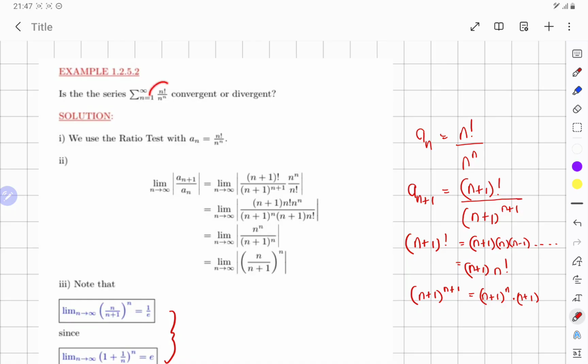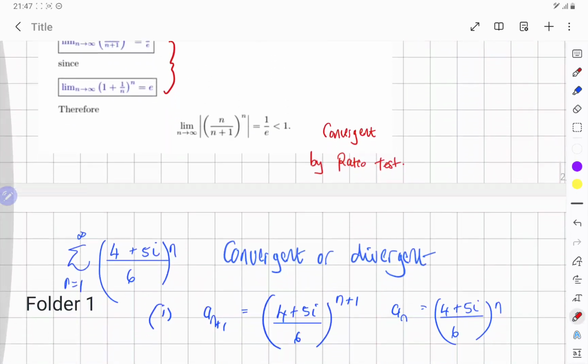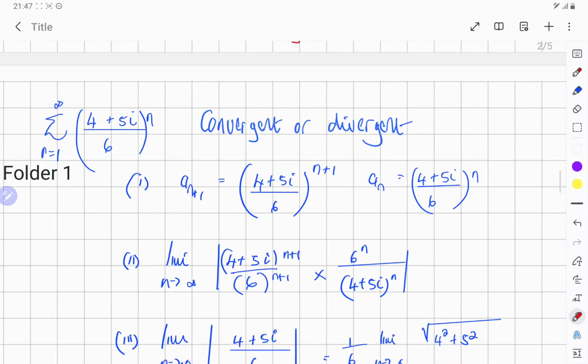Since there is a factorial in our series, we can skip the first two steps, the divergence test and the types, and go straight on to the ratio test. The same here, since we have n in our exponent and we have a complex number to the power of n, you can always start straight away with a ratio test.